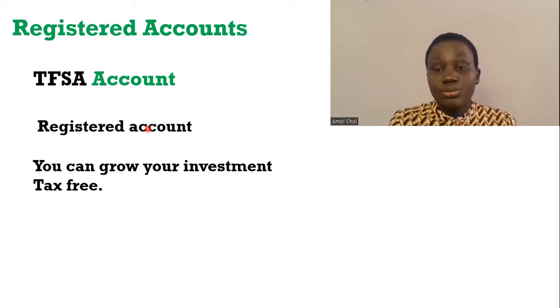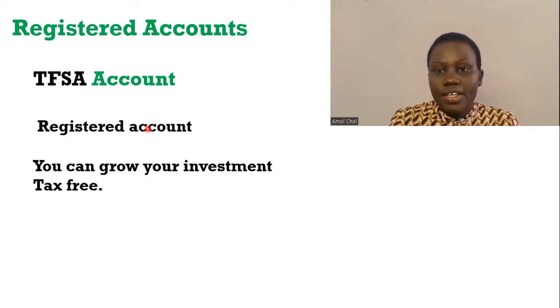Let's say you contribute 500 and later on it grows to 1,000, and at the end of the month you want to withdraw that 1,000. The whole 1,000 is not going to be taxed because it is tax-free. The 500 that you put in before was already taxed, and the money that grows on that 500 is growing tax-free.